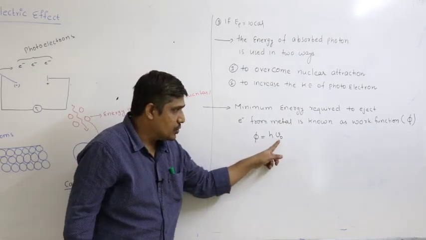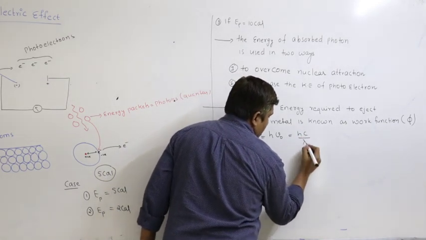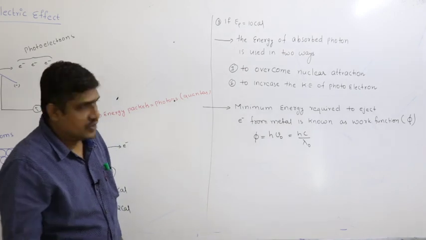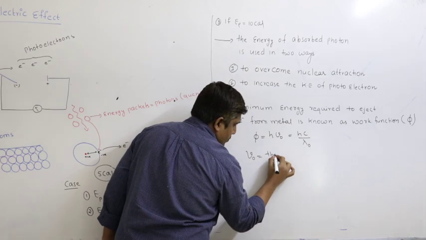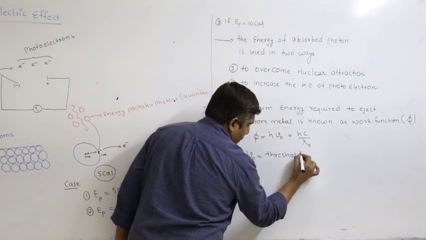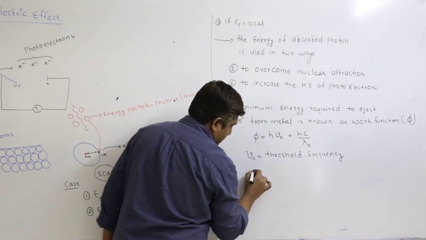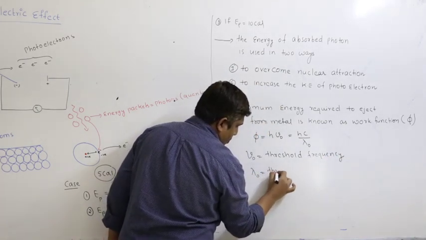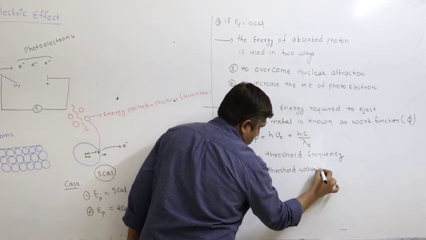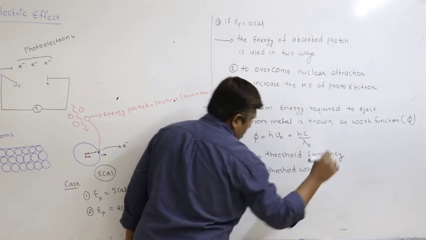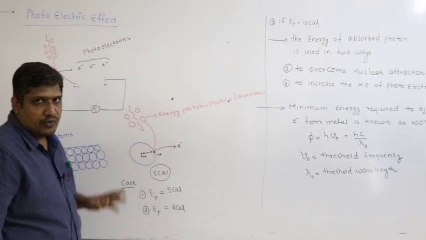That is nothing but h nu naught, or you can write it as hc by lambda naught. h is Planck's constant, c is the speed of light, nu naught is threshold frequency, and lambda naught is threshold wavelength.